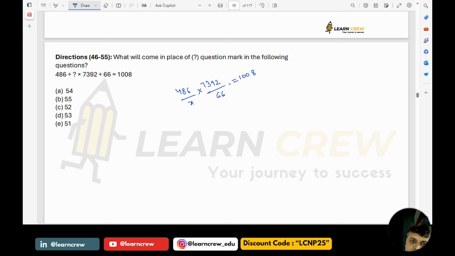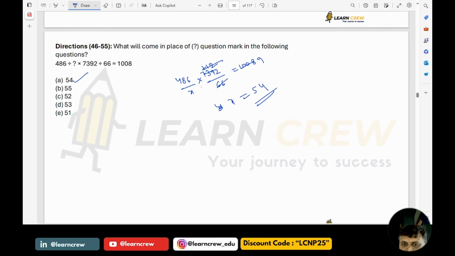Is there any kind of thing you can do? 66 how many times? 66 one times, 66 two times. So I can say my x value would be 112 9 times. So x would be 486 by 9, 54. So the answer is 54.